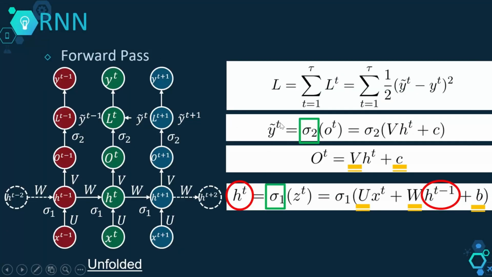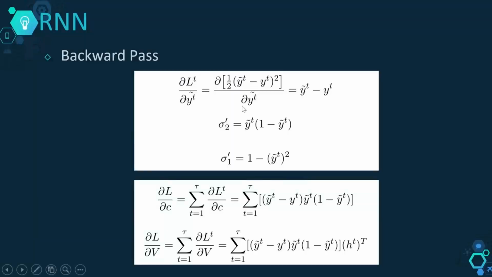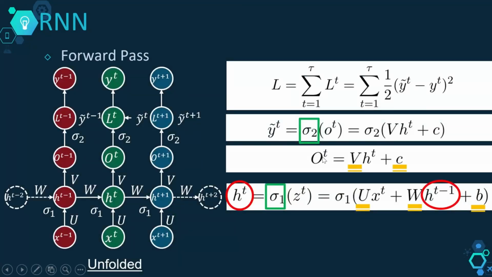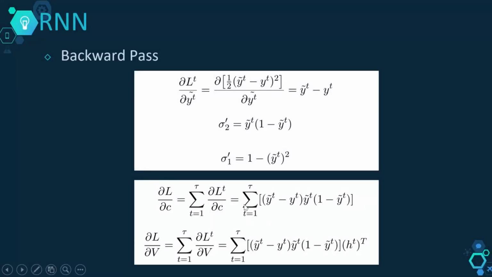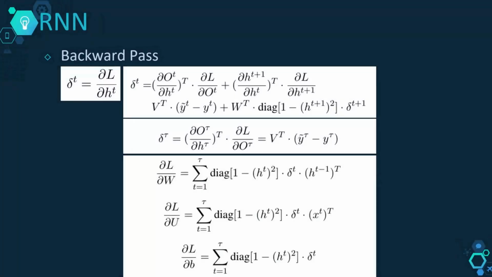Then partial Y_t over partial O, there's only an activation function between them, so just the derivative of sigma 2. The derivative of sigma 2 is here, right? And then partial O, partial C. There's nothing between them, just 1. So if you do that and come back to here, you will see that this first one goes to here, and this one just comes from here. And for partial L, partial V, we do it in a similar way.